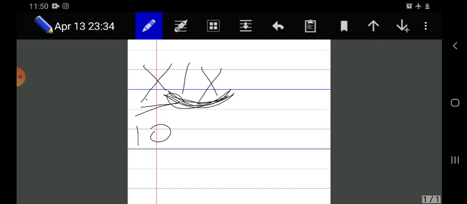Moving to the next, XIX. Here it is 10 and I is to the left of X, so it will be subtracted.